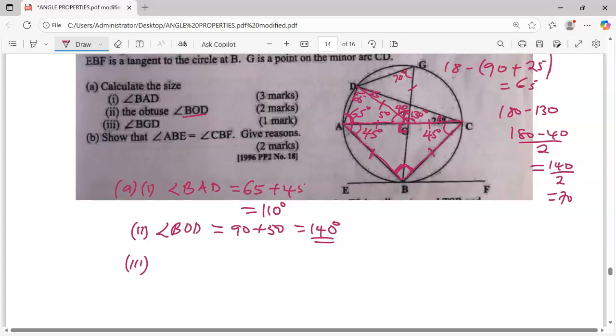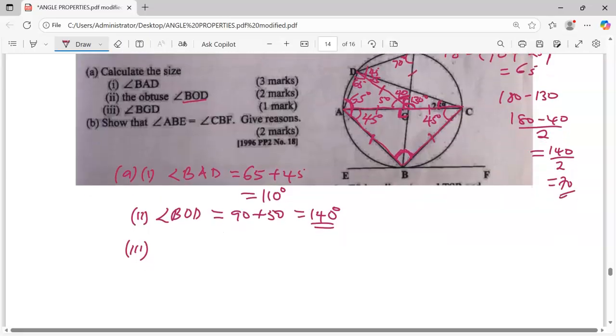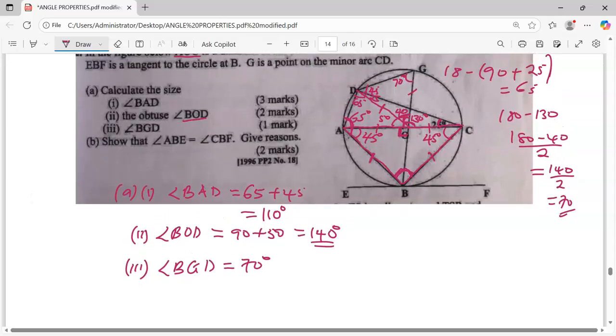Already we have 25, meaning we are going to have 45 at this point, such that 45 plus 25 will give us 70 degrees. That means, again, the angle BGD will be equivalent to 70 degrees from what we have done anyway.